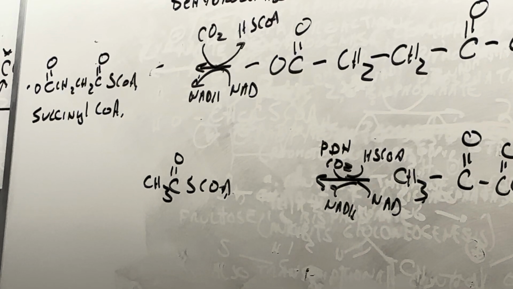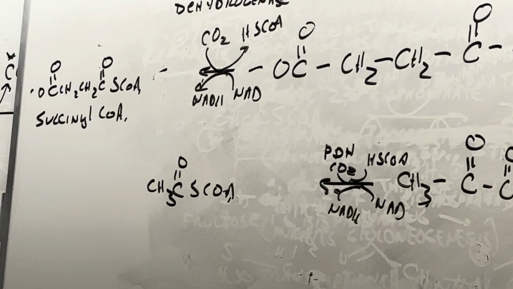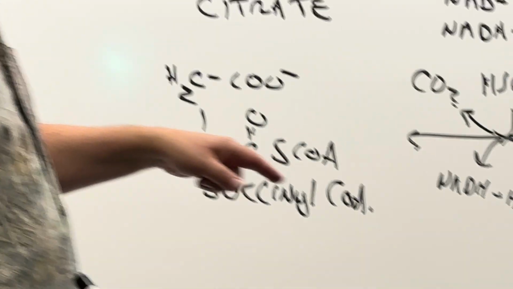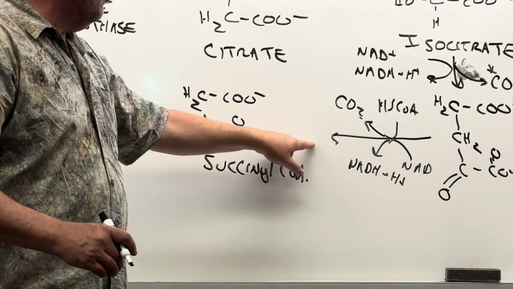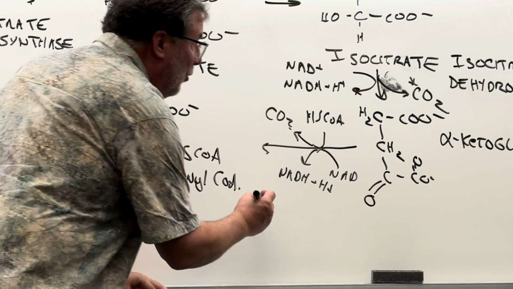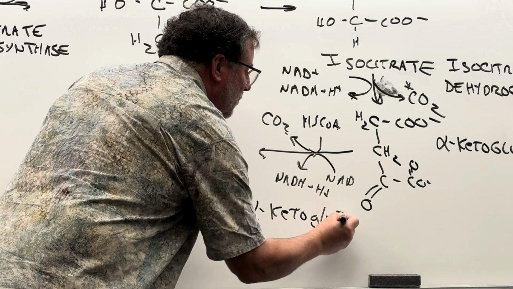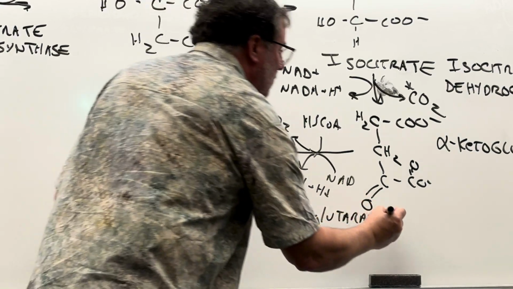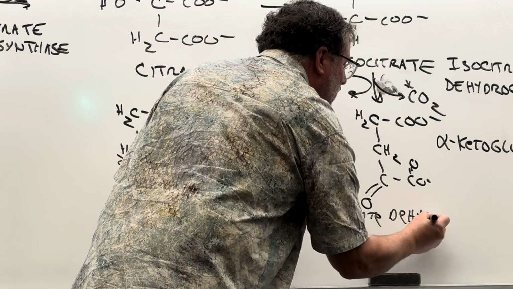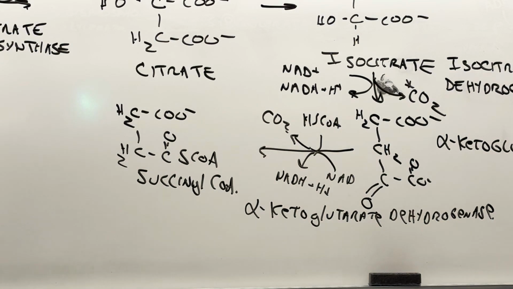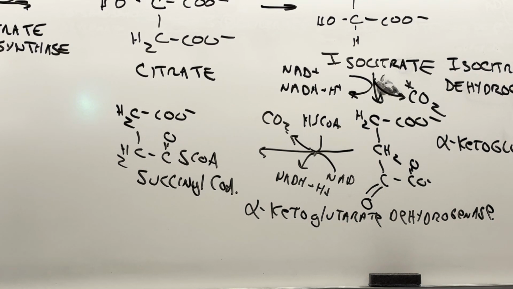Our 3 CO2s. And remember, per glucose, we generate 2 pyruvates, right? So per glucose, all this happens twice. By the time we got rid of a CO2 in pyruvate dehydrogenase, a CO2 in isocitrate dehydrogenase, and a CO2 in alpha ketoglutarate dehydrogenase, we've gotten rid of all the CO2s, because you do that twice, that's 6 carbons, right?